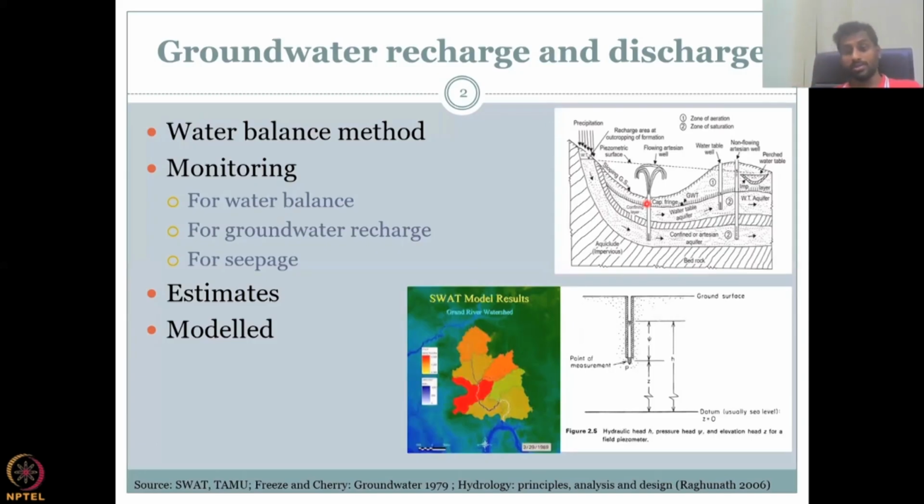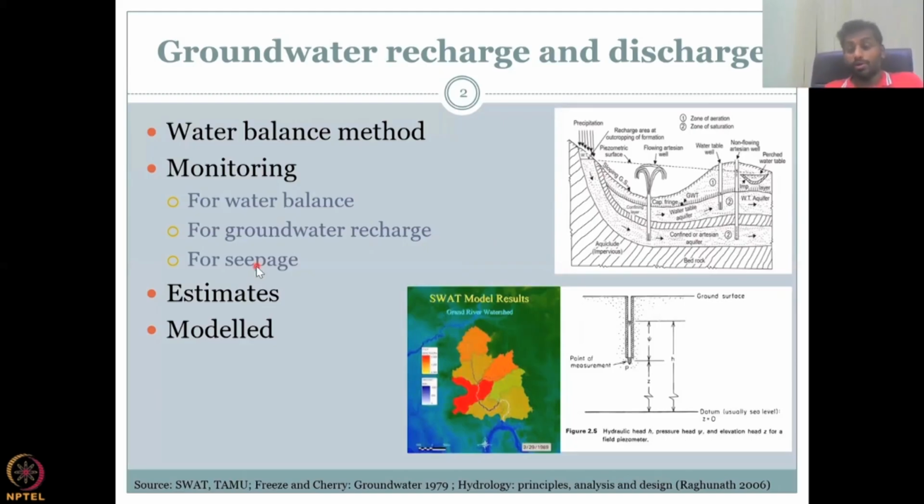For seepage, there is a different method. For example, you have water coming, you can put a meter inside and then calculate the groundwater recharge or fluctuation or discharge using a water meter. On the other hand, the water can go and get into the ocean and rivers and lakes, which is called seepage. That seepage can be estimated using a seepage flux meter, which is a meter placed on the banks of the rivers and oceans and seas to monitor how much water is coming out.